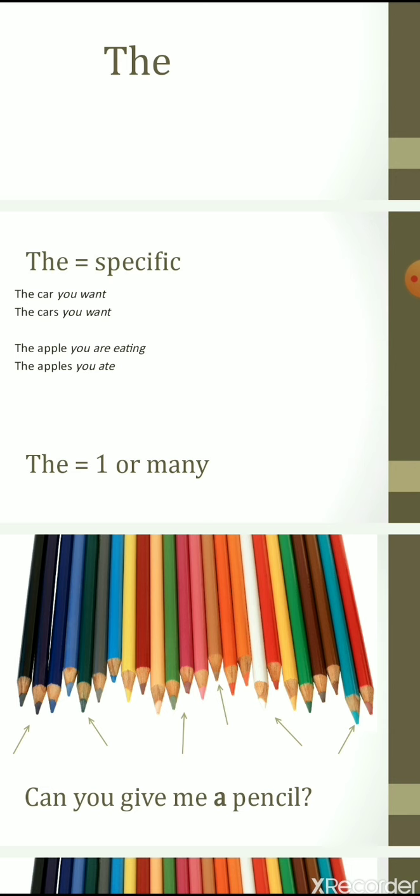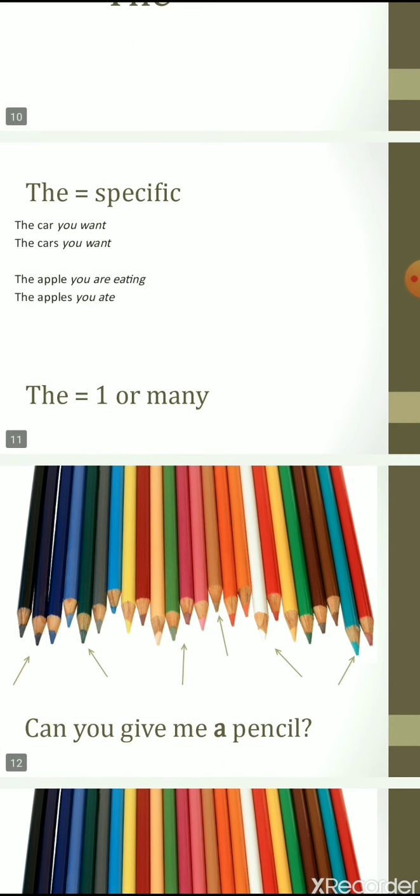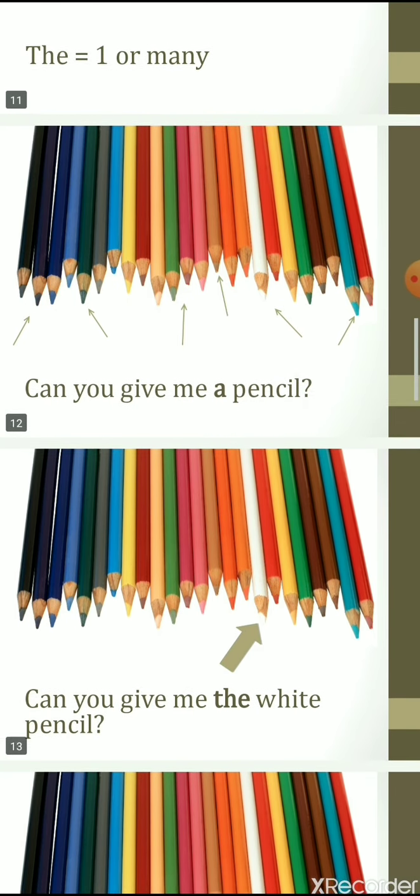Not like a and an that have to be compulsorily used with singular nouns. The can be used with singular as well as plural nouns. Now see here, the car you want, the cars you want, the apple you are eating, the apples you ate. Both are correct. So the can be one or many.